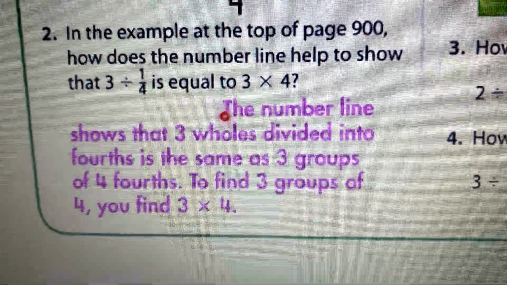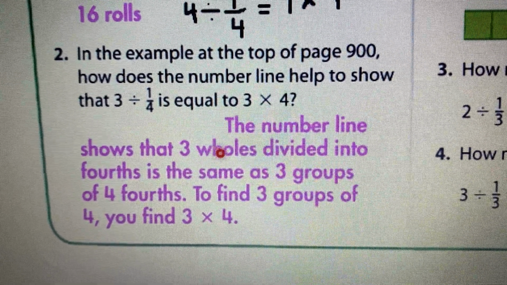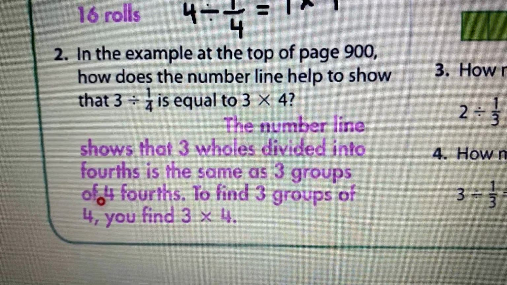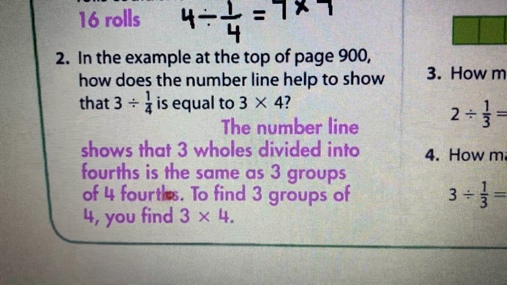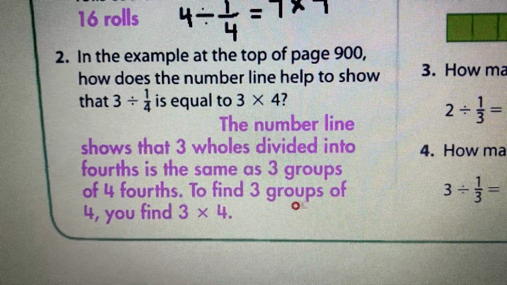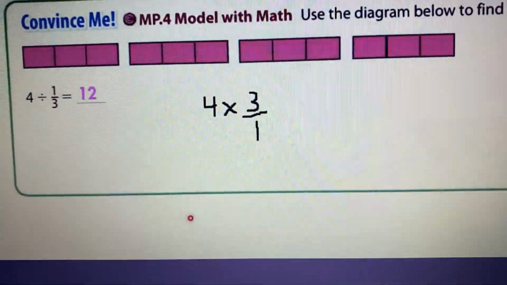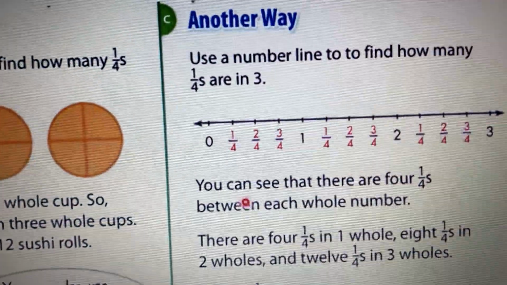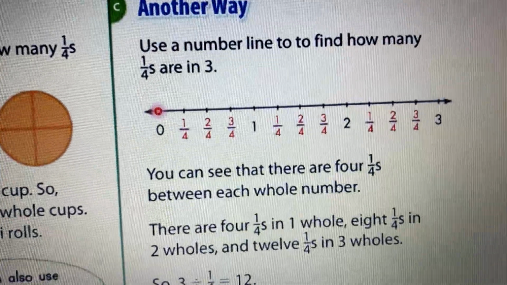But how does the number line show that? Look, the number line shows that 3 wholes divided into fourths is the same as 3 groups of fourths. To find 3 groups of 4, you find 3 times 4. So here in the number line, I jumped. Do you remember when we took last year when we were in grade 3?